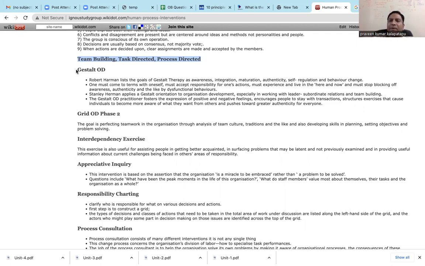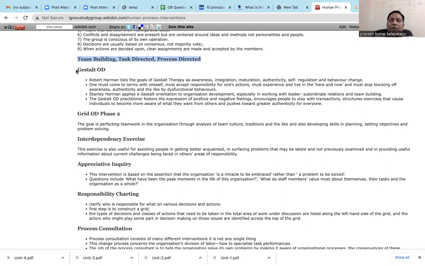The process could be a reporting mechanism, team meetings, or anything. So there are task-directed team building activities and process-directed team building activities.